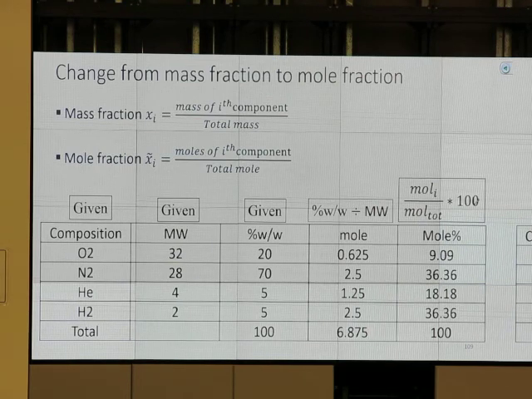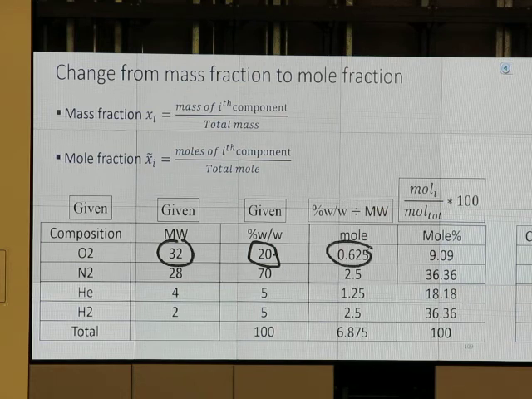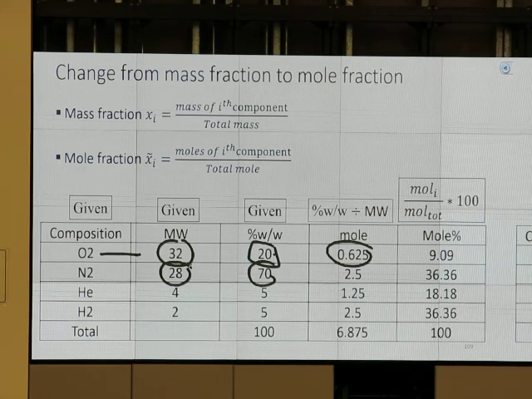This table shows that when we have percent by mass, I do 20 divided by 32, and I get that many moles. That is for oxygen. For nitrogen, I do 70 divided by 28. So I try to get mole percent based on mass percent of air composition. Okay.